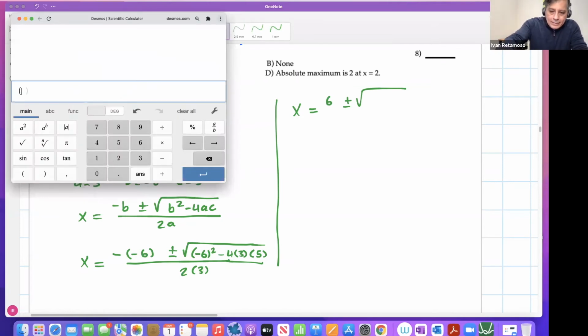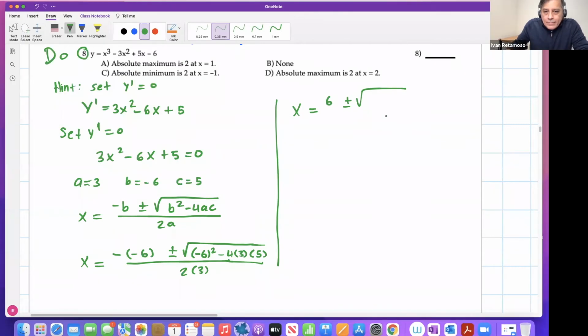Since the numbers are not that friendly, let me just do it in a calculator, right? 6 squared minus 4 times 3 times 5. Negative number, right? -24. So it means that we got ourselves in trouble because we're working with real numbers for this graphing, right? So this is not a real number, because the inside of the radical is negative, right?